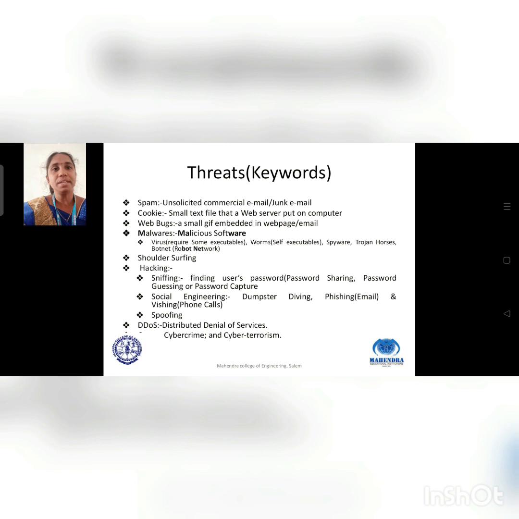Web bugs means a small GIF embedded in a web page or email. Malware means malicious software. Shoulder surfing and hacking. Hacking means finding users' passwords, password sharing, password guessing or password capture. Next one, social engineering. Social engineering means dumpster diving, phishing emails and phishing phone calls.